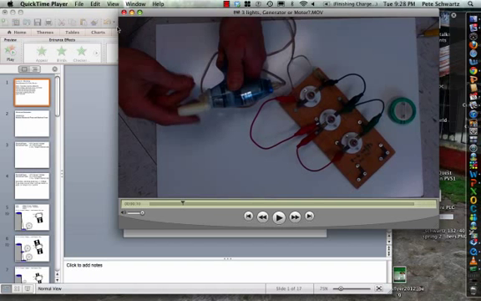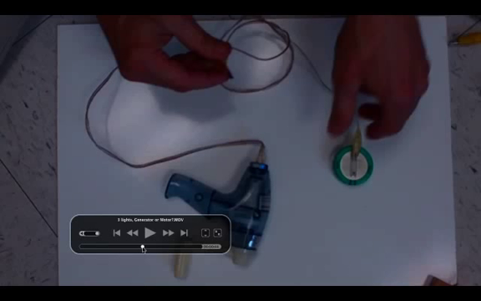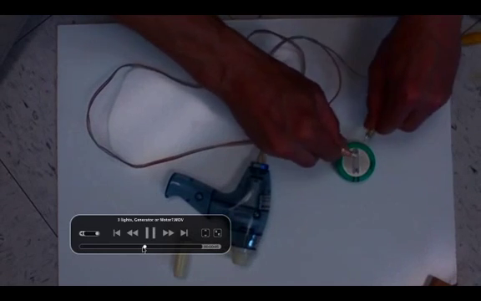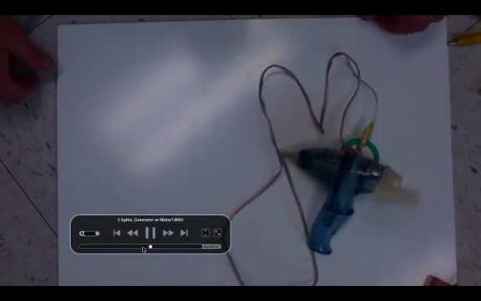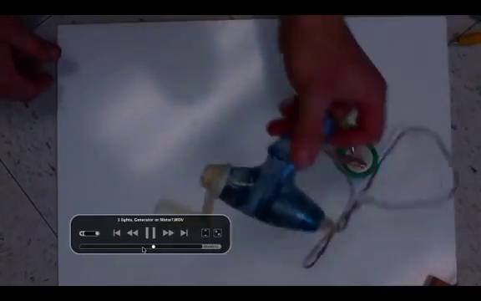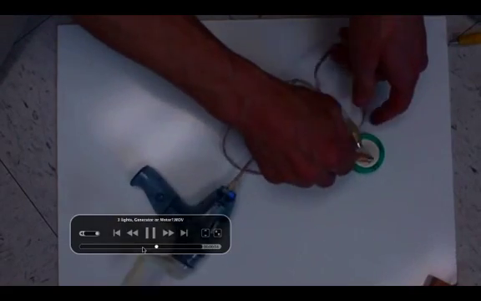Let's take a look. What if we hook the generator itself to an external voltage source? So the generator was then a motor.